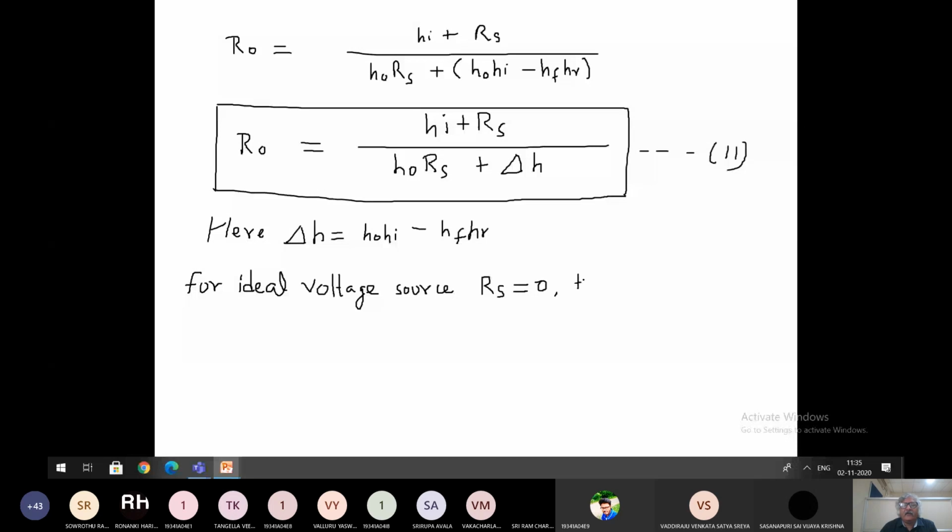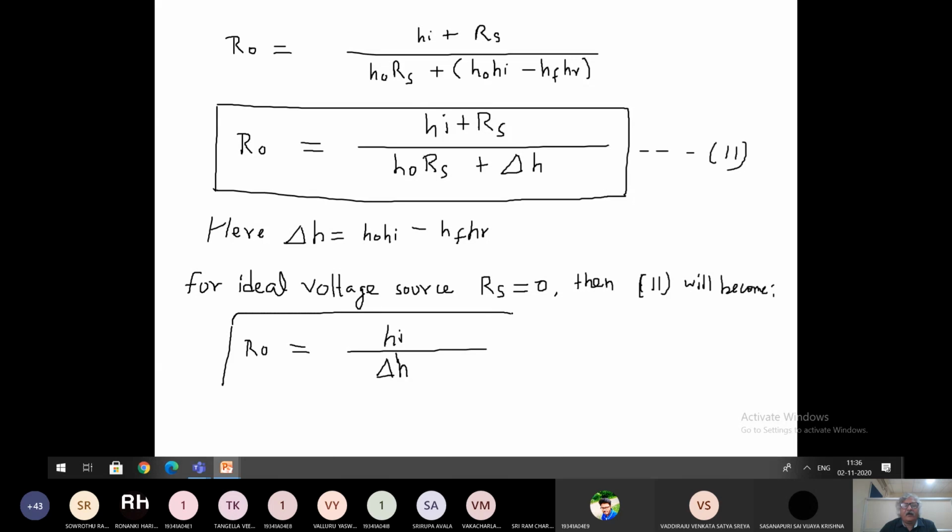Then for the ideal case, equation 11 will become R naught is equal to HI by delta H. This will be the expression of the output resistance if we consider an ideal voltage source.